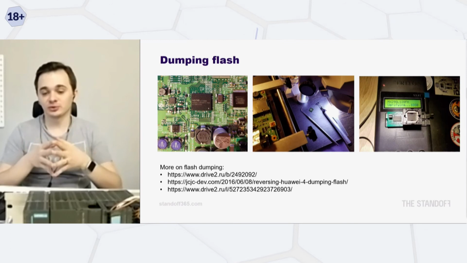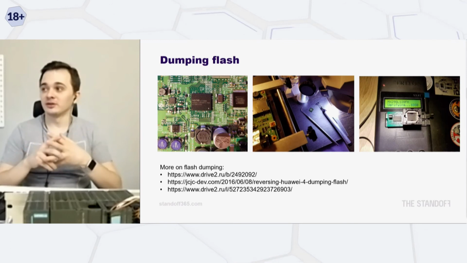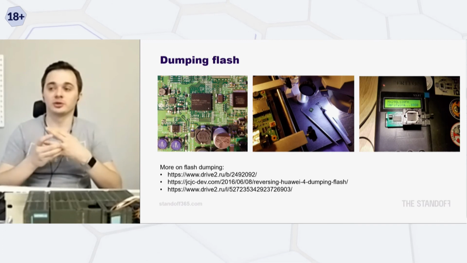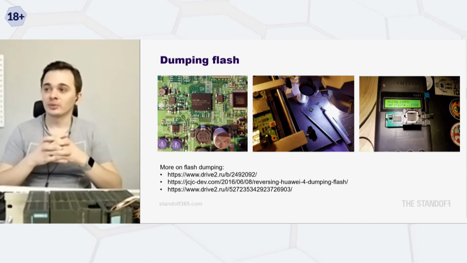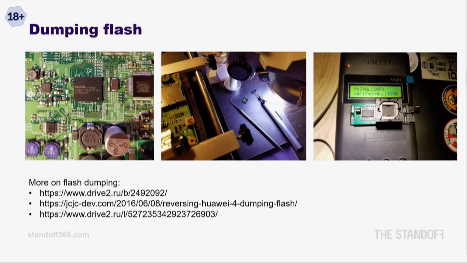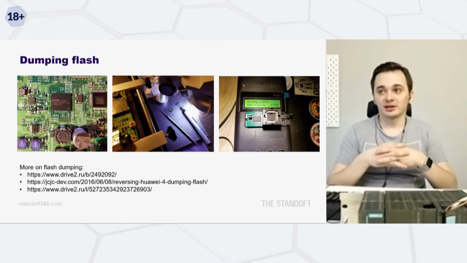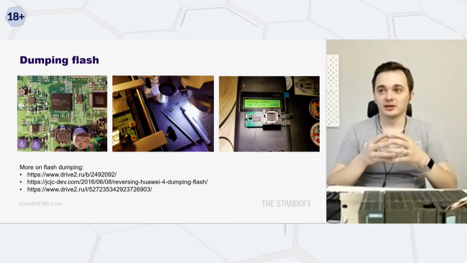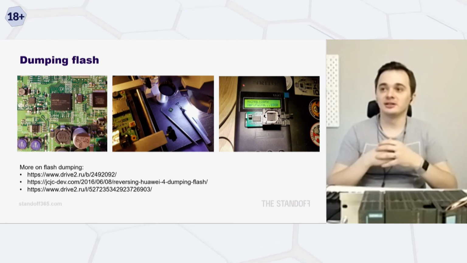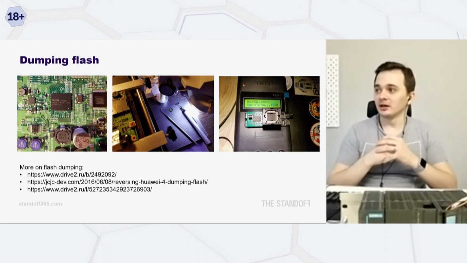Another possibility, which will require some manual work as well, but is probably less hard than the one that I have just shown you, is dumping flash, getting firmware from the flash. Obviously, for this to be useful, firmware should be on the flash and not on the main memory slot.